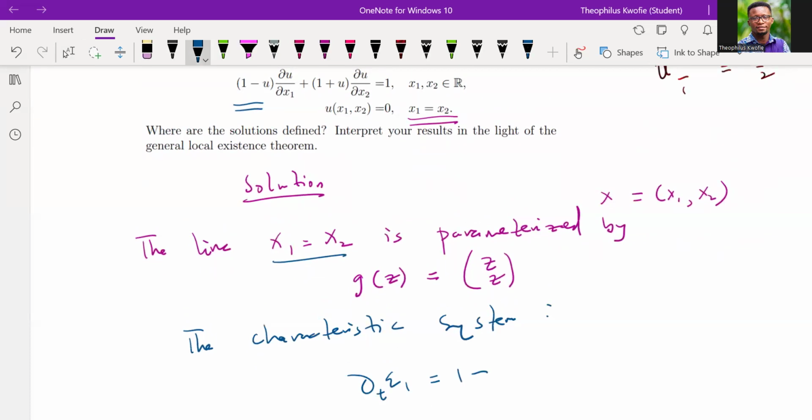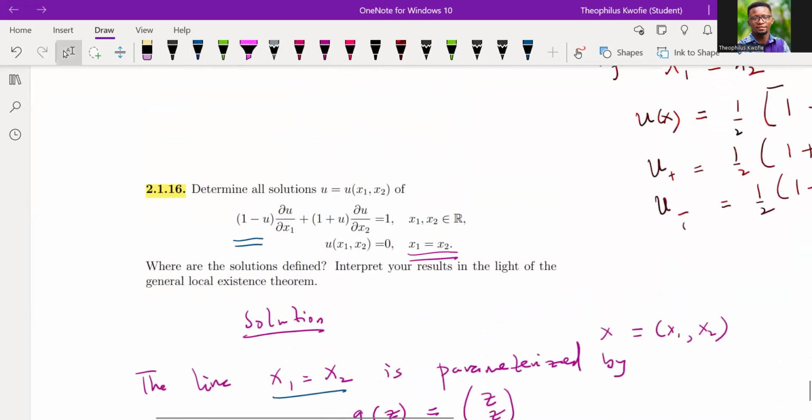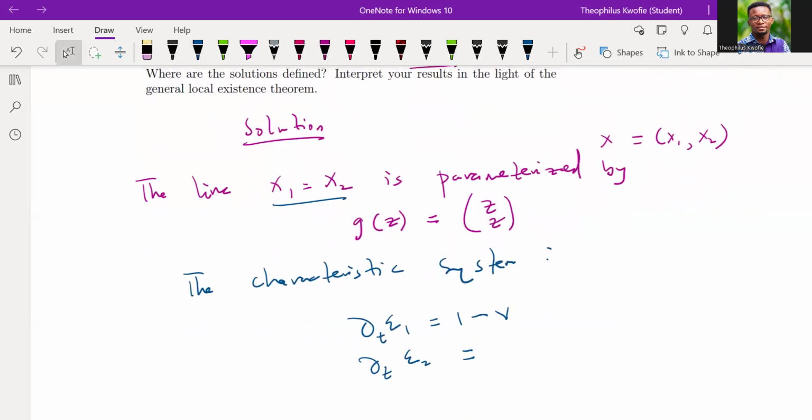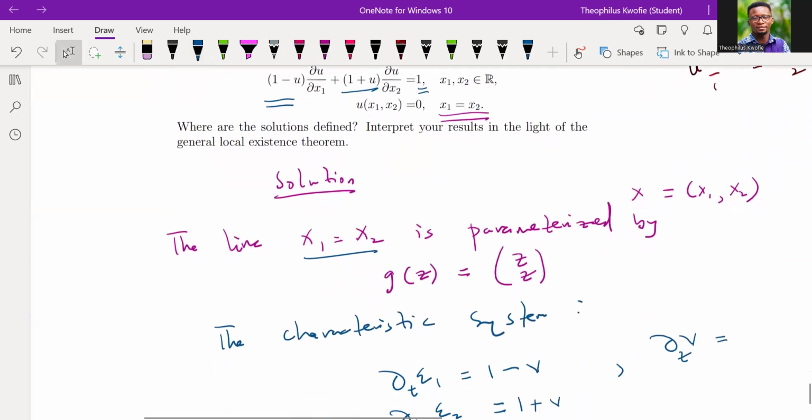But your u corresponds to your v, as we mentioned in the previous example. And then the partial of xi2 with respect to t will be equal to a2, which is 1 plus u, and u is the same as v. Let's take note of that. And then the partial of v with respect to t corresponds to the c, and the c in this question is 1.